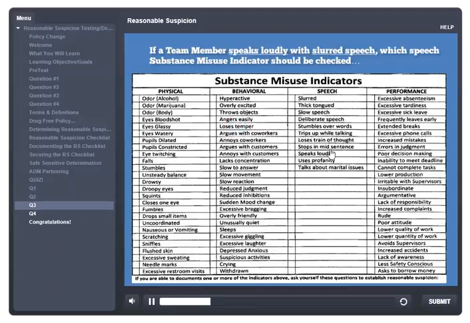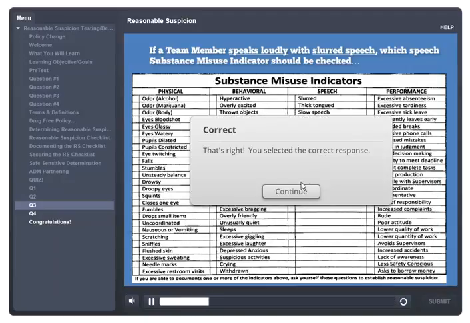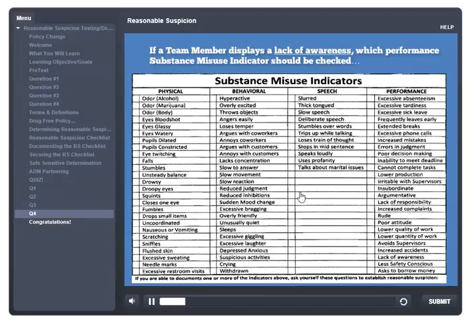If a team member speaks loudly with slurred speech, which speech substance misuse indicator should be checked? If a team member displays a lack of awareness, which performance substance misuse indicator should be checked?